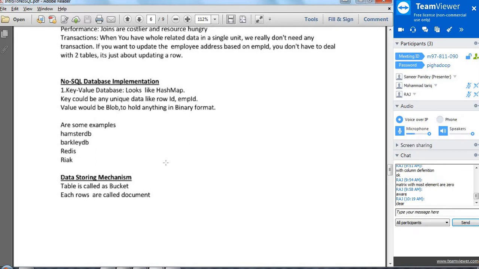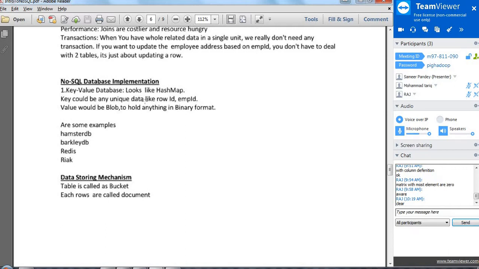Collection is a Java framework which provides a mechanism to store our data in various formats, right? So hash map is one of our collections in Java where we store data in key value format, okay, where there is a key and a value, right?